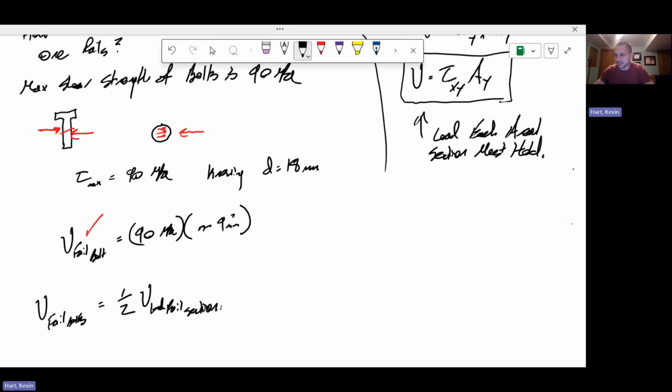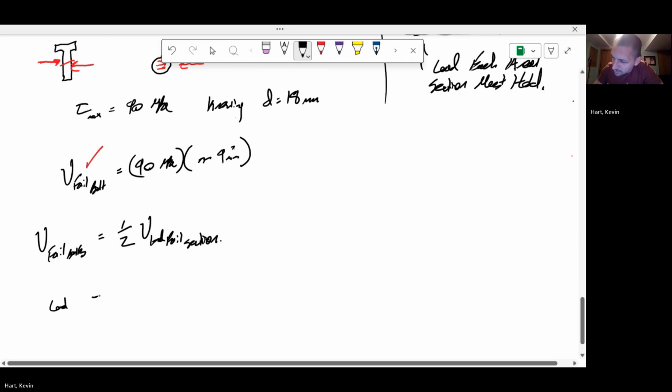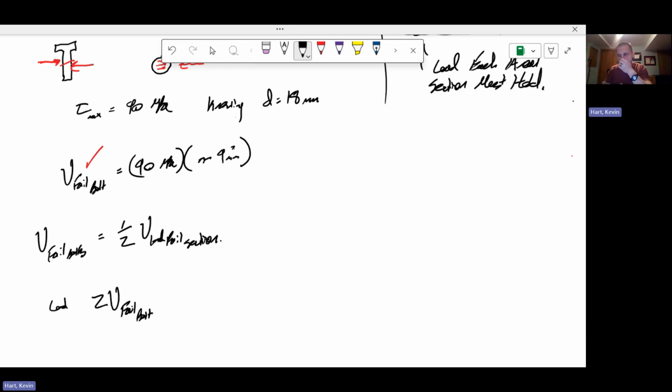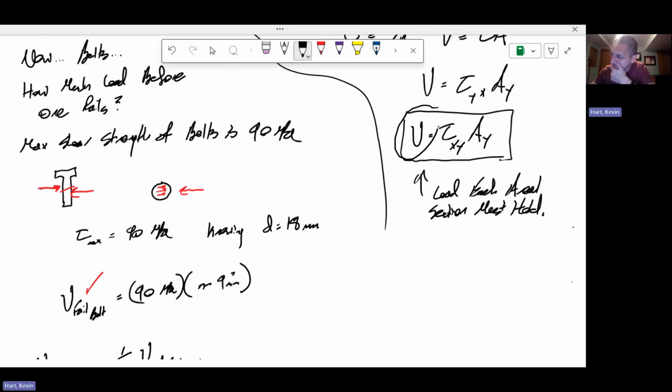Okay. So what you need to do is compare. You want to know when I reach a load of 2 times the failure strength of a single bolt. Once I reach that, my beam is going to fail because those individual sections are just going to break, right? This has to be equal to the load that gets generated by the shear stress in the vertical cross section.